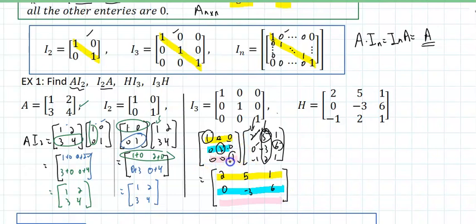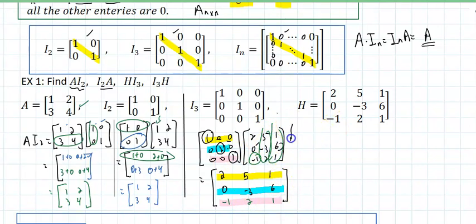Notice only the last entry is a 1. So when I multiply it by the first column, only the third entry will remain. In the second column, only the last, and in the third column, only a 1.